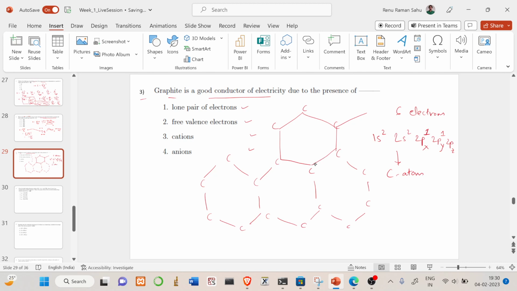But here you see the carbon in graphite has a kind of symmetry, and it has 3 lobes like this. So why does this happen? This happens because of something called hybridization, and this is sp2 hybridization.